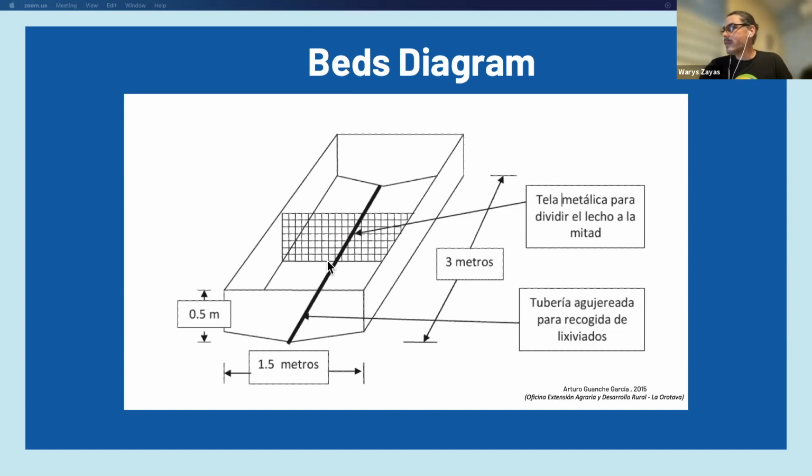So let's say that we are starting our vermicompost production, and we are putting our worms inside of the bed for the first time. What we need to do is to put a layer with a thickness of around 15 centimeters, exactly 6 inches, on the floor of the bed.